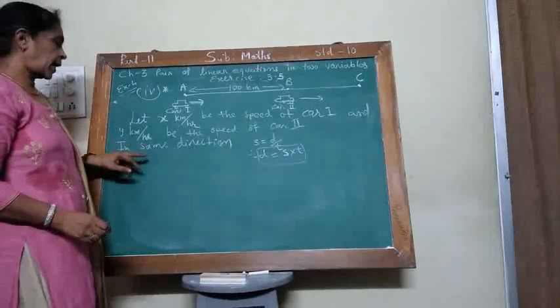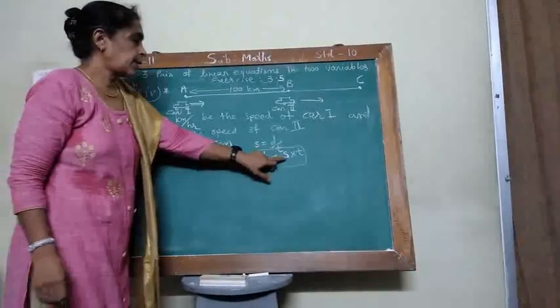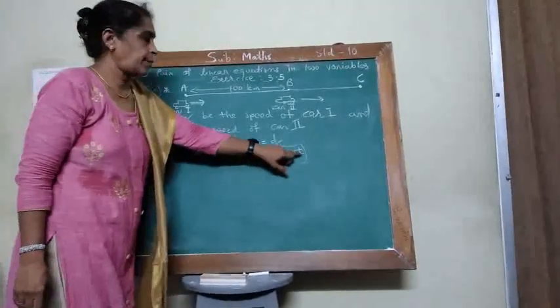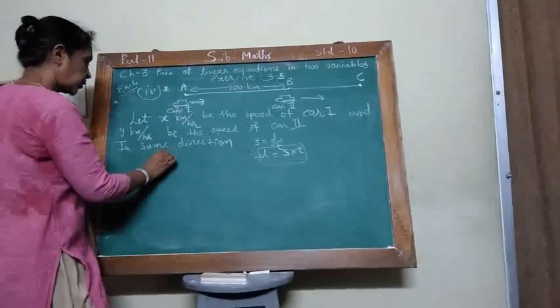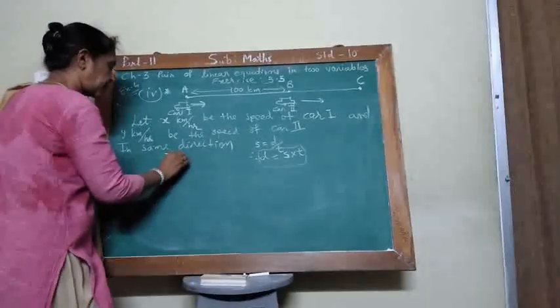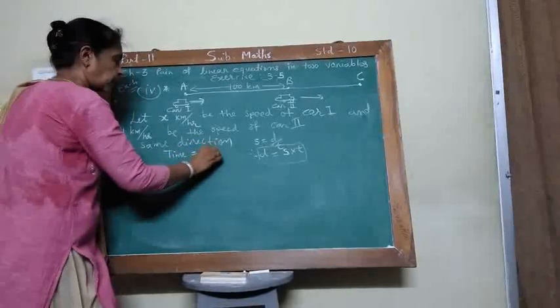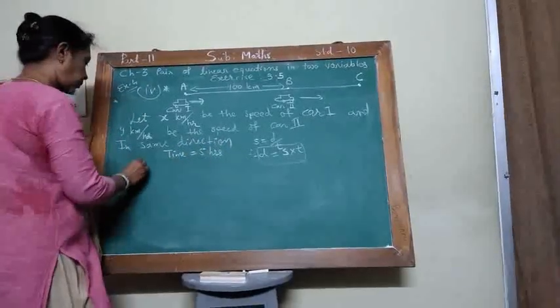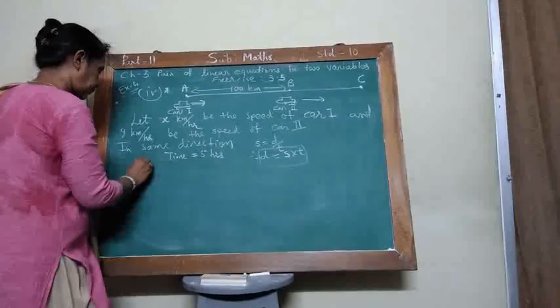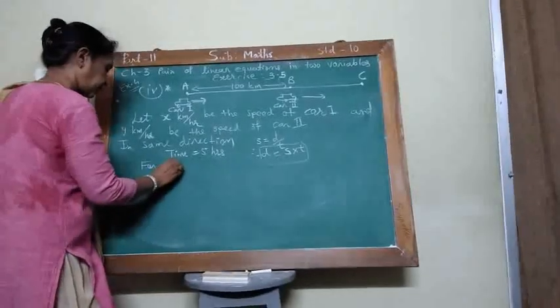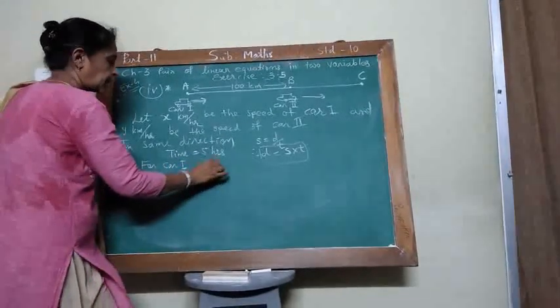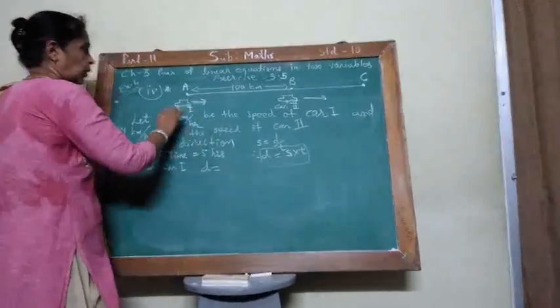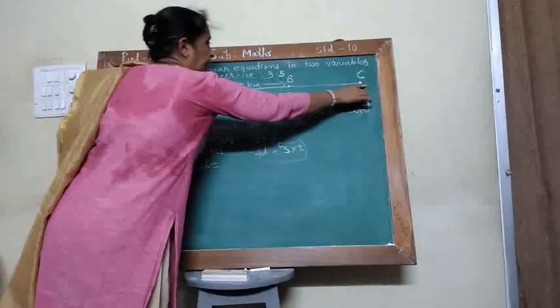So here for car 1, speed is x kilometer per hour, time is 5 hours. For car 1, distance is equal to AC.